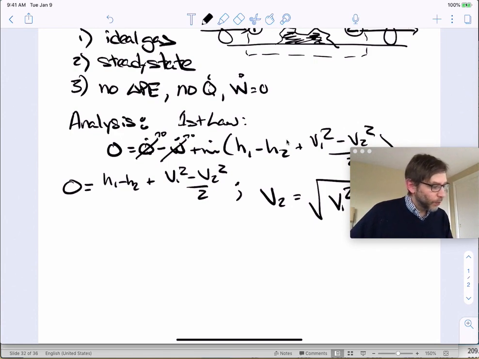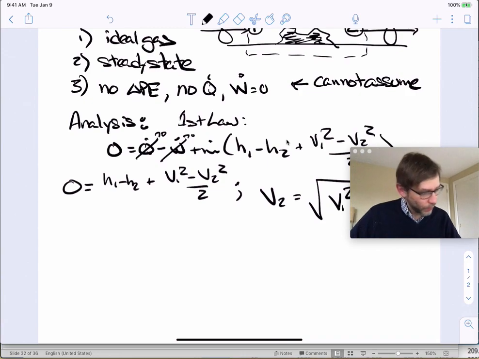We did not say specific heats, so we cannot assume constant specific heats, cp equals constant, because it's not said. So we're going to use the tables instead.